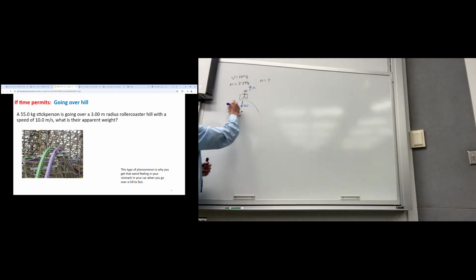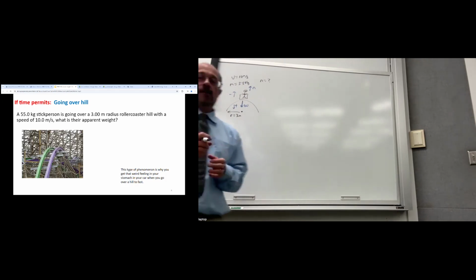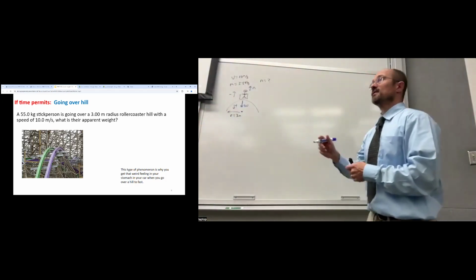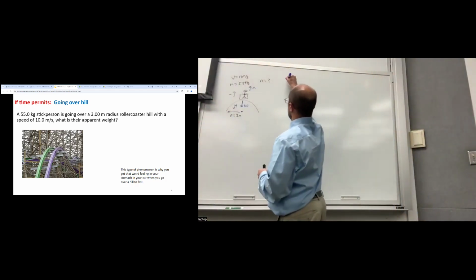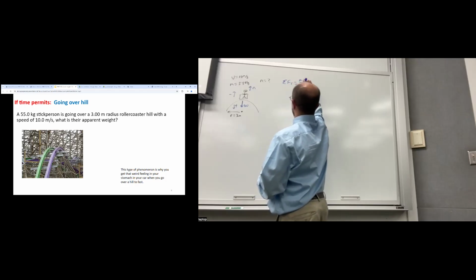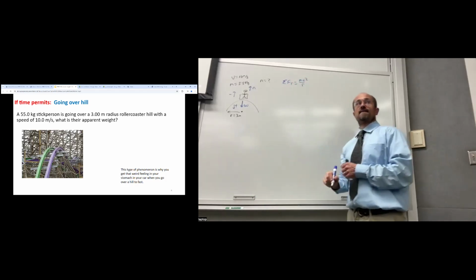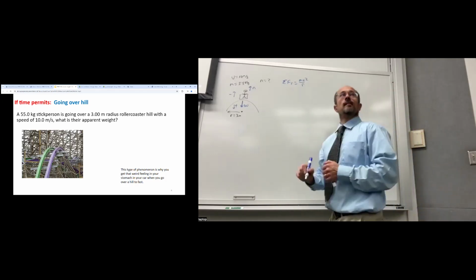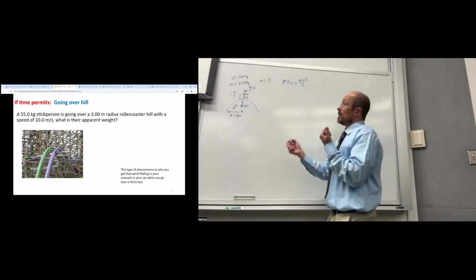Now we remember that we count anything towards the center as positive and away as negative. That's how we set up our system. So when we sum our forces in the radial direction, we get mv squared over r. So we plug in.